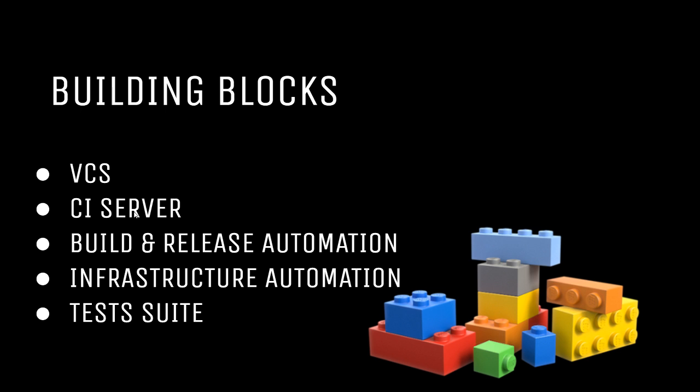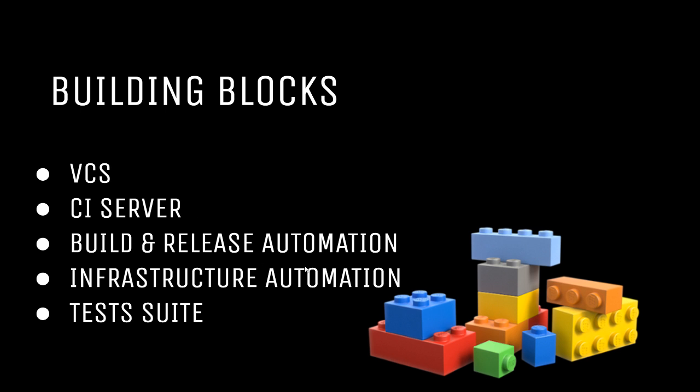CI server, most of the time it's a real person who takes your build artifacts or whatever and brings that stuff to production environment. But in the end, we're trying to build a great software or at least mediocre software. So we need to have all that automated. So we are not going to do that manually. So most of the time, CI server is your Azure DevOps machine or Jenkins slave, whatever.